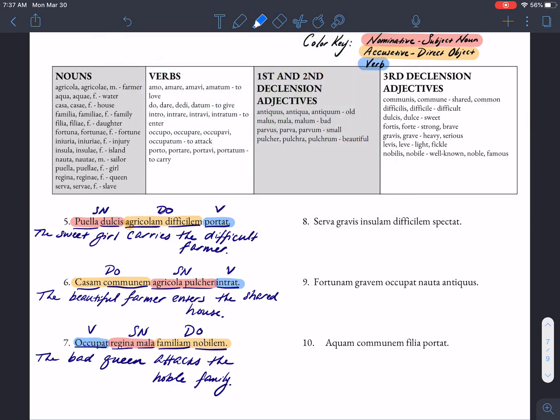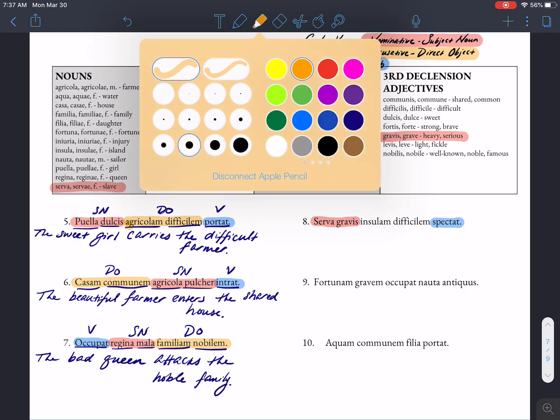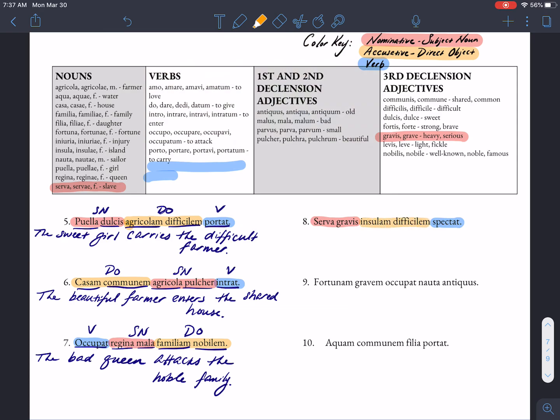First things first, you must find the verb. There it is, coming from specto, spectare, which actually is not glossed for you here. My bad. Your nominatives are serva and gravis, serva being your noun and gravis being your adjective. And insulam difficilem, coming from insula, your noun, and difficilis, difficile, your adjective.